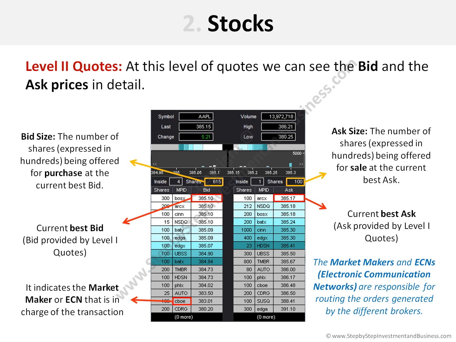That is, when we enter an order to buy or sell a particular stock over the Internet, the broker routes that order to the market through the market makers and ECNs. Precisely, in the second column, we can see the acronym of the ECN that is in charge of routing that order at that time.